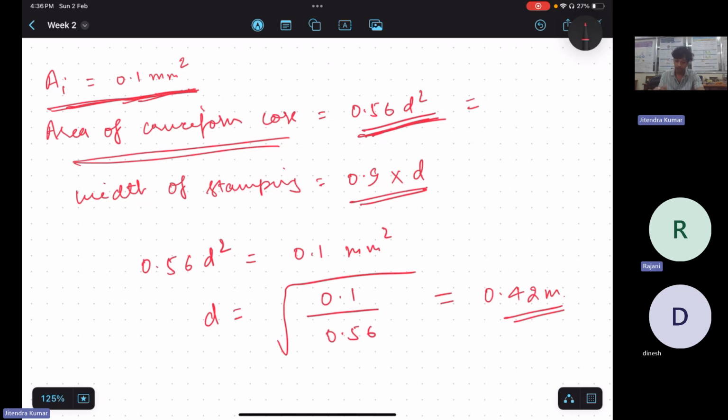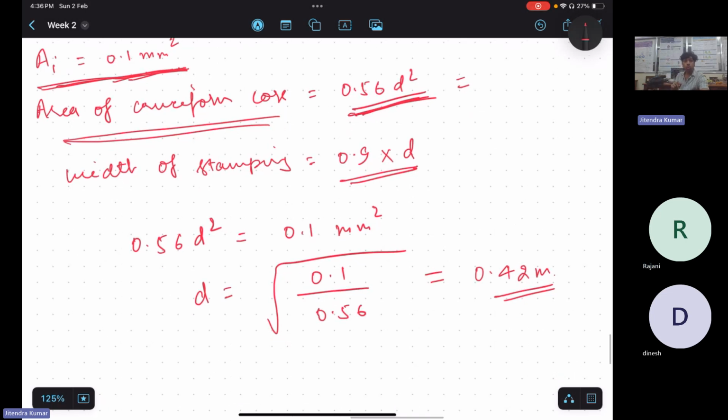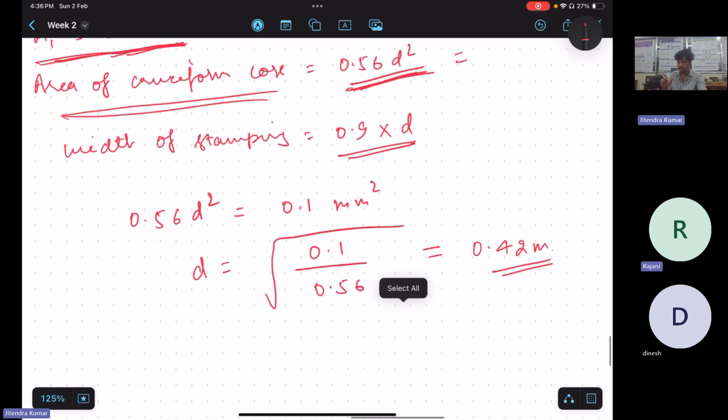Now, what are we supposed to calculate? The width of the largest stamping, isn't it? The width of the largest stamping is given as 0.9 times the circumscribing circle diameter.